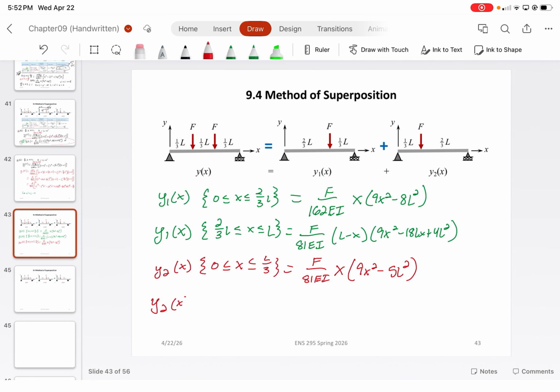And then y2 of x for the bounds L over 3 less than or equal to x less than or equal to L would equal F over 162 EI times (L minus x) times (9x squared minus 18Lx plus L squared).